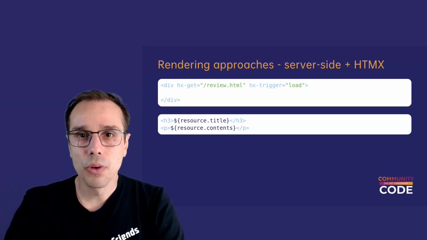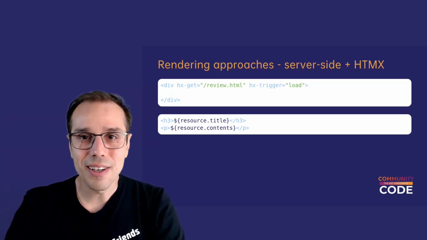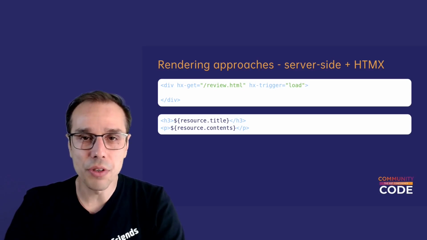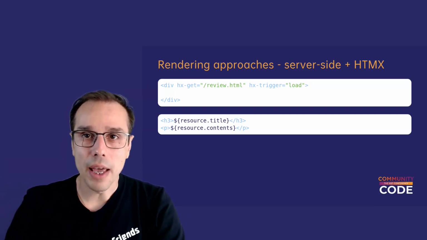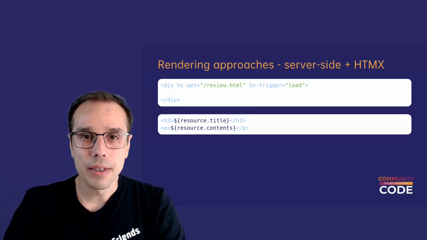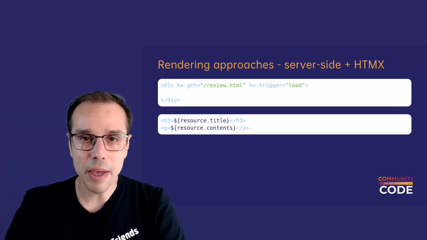A different approach to client-side rendering is to use HTMX, which is a client-side framework, which interestingly enough does not require you to write JavaScript or expose things in JSON format. Instead, what HTMX does is extend HTML, so it's an extension of HTML, to have additional attributes which can control client-side behavior.